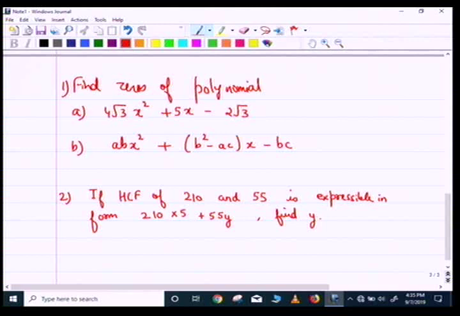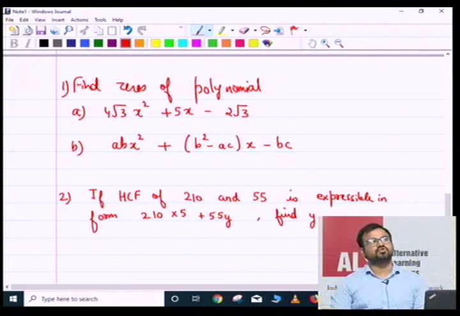Kohima, it's not minus root 3 by 2, it's minus 2 by root 3.